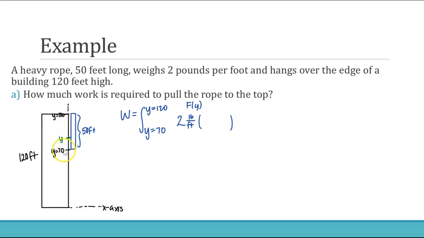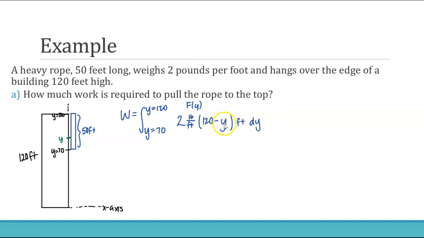So what we want to set up here is a difference. We said that the distance was 40 feet when y is equal to 80, because 10 feet had already been lifted. If I want to get 40 out, the distance that I have to consider inside the parentheses is going to have to be 120 minus y, and again, that's in feet.